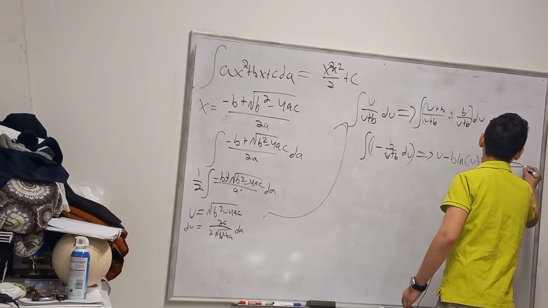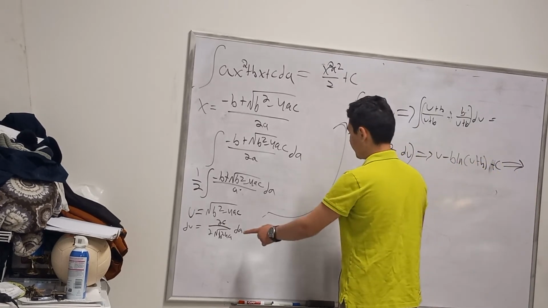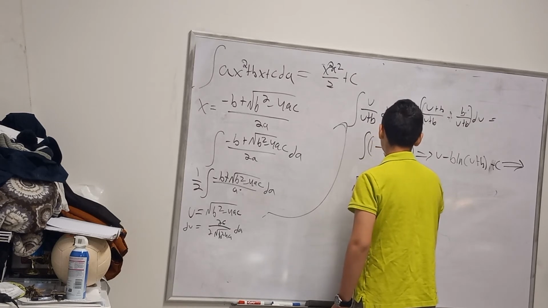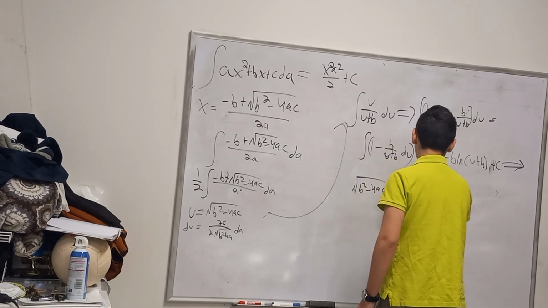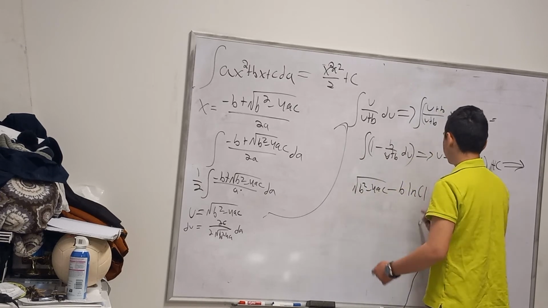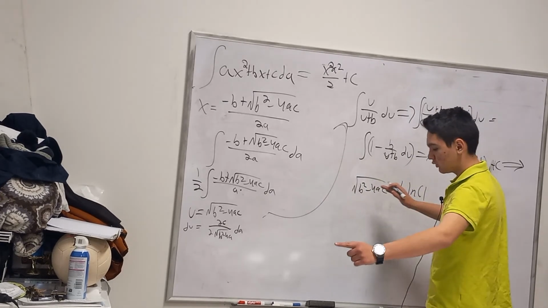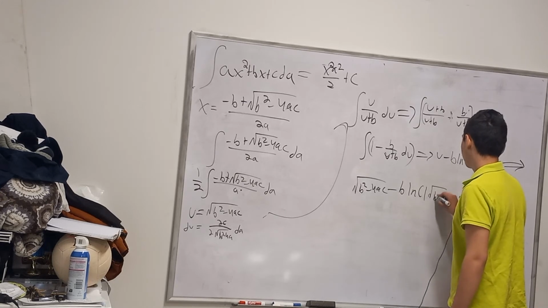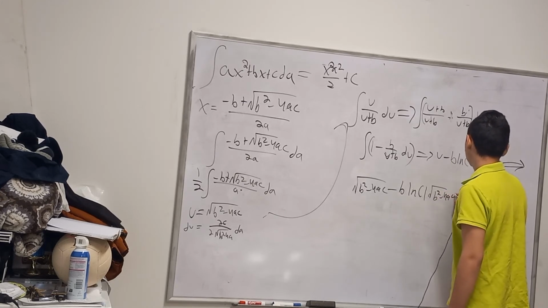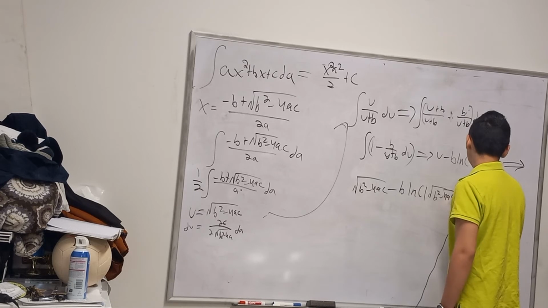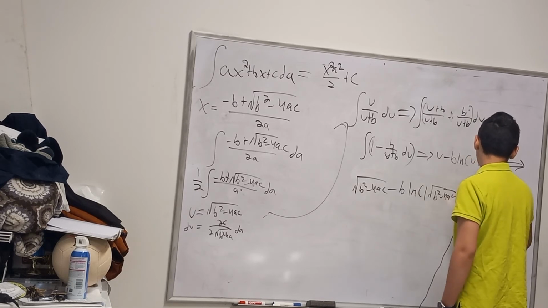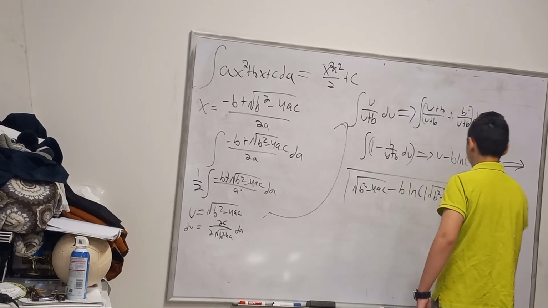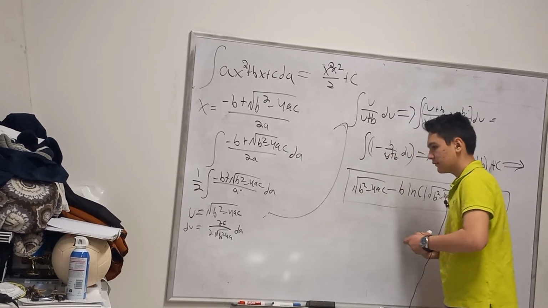So if we just expand it out, we'll get our radical, which is b squared minus 4ac, minus b ln. I'll just put the absolute value signs just to expand our range a little bit. And then we'll have the square root of b squared minus 4ac plus b. And of course, plus c to indicate it's an antiderivative. So there you go.